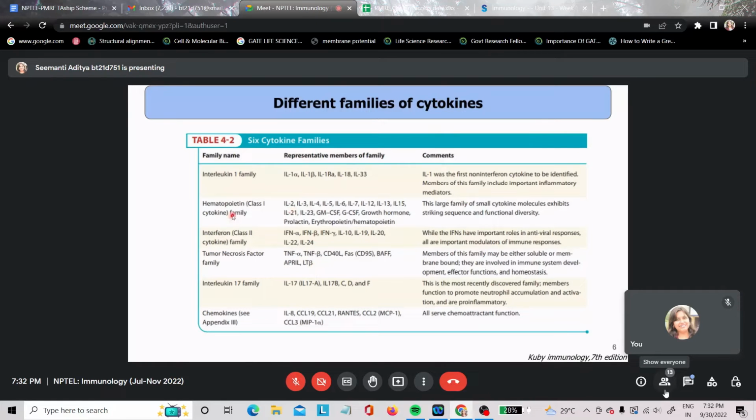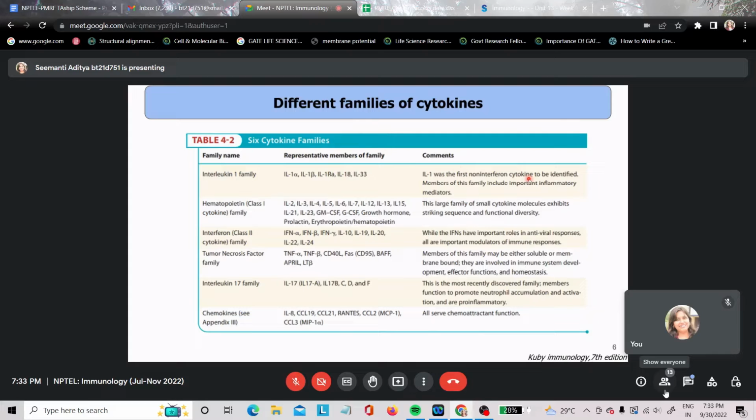Then, the interleukin 1 family. IL-1 was the first non-interferon cytokine to be identified. Interferons are cytokines associated with viral immunity, or protection against viral pathogens.